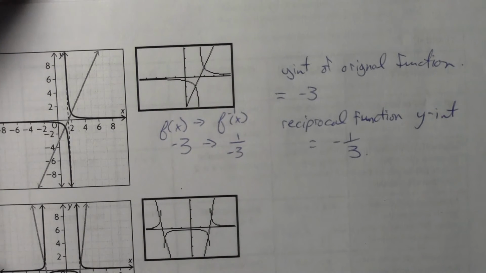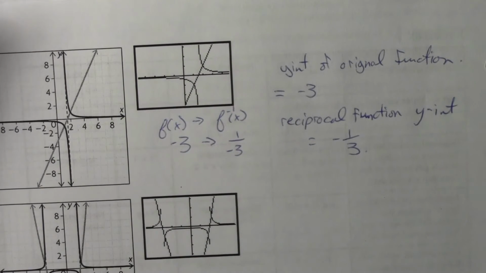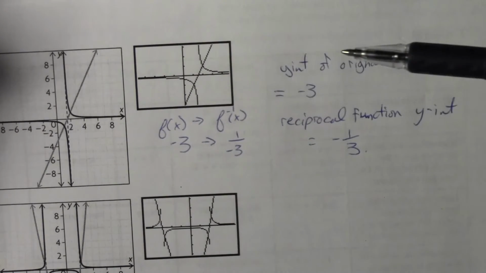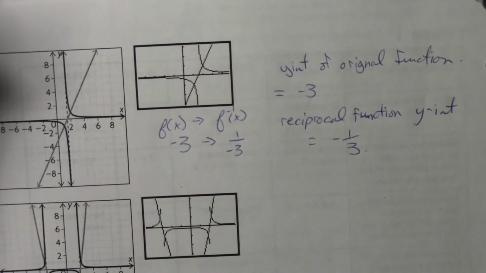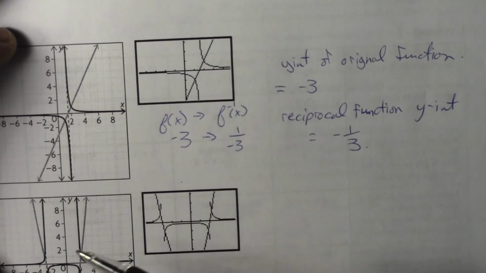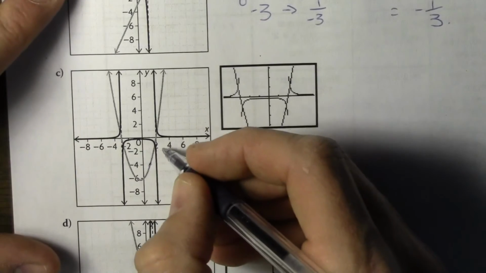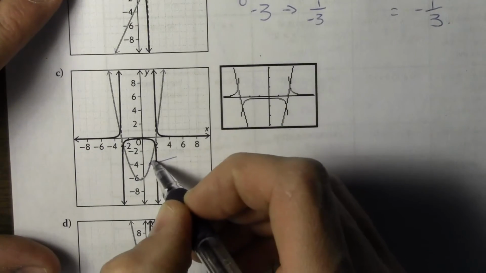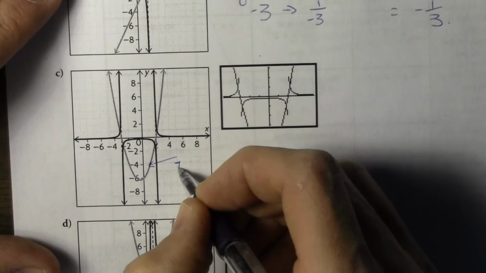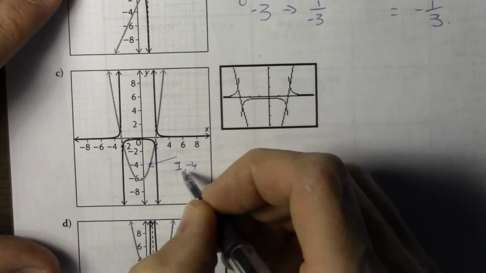Let's see if we can do it on another graph. What about any y value? What is the corresponding y value going to be on the reciprocal function? It's not just the y-intercept, right? If we look at an equation like this, and we see that this y value, say here, is -4, this is (1, -4).